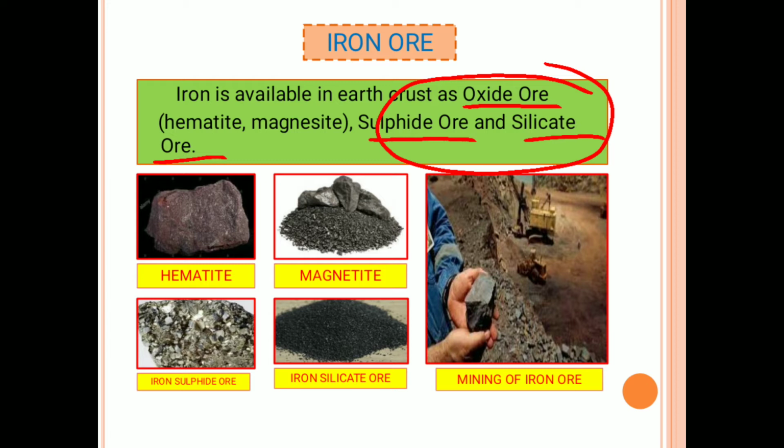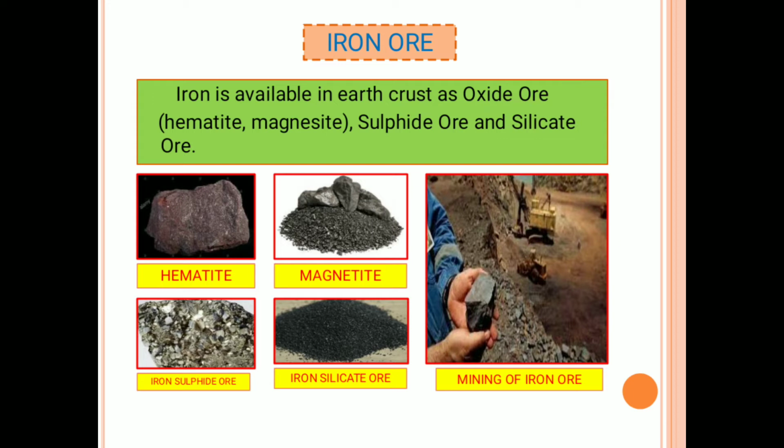Of course, examples of oxide ore are hematite and magnetite. Here you can observe the images of hematite and magnetite, and this is related to iron sulfide ore, and this is the image of iron silicate ore.